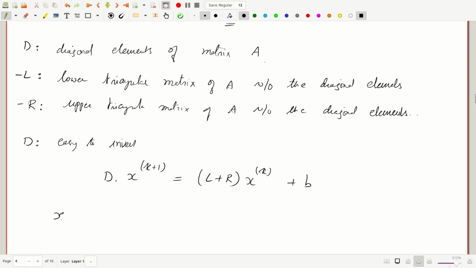That means the iterative formula is x at k plus 1 equals D inverse times L plus R, times x at k, plus D inverse times B. Okay.